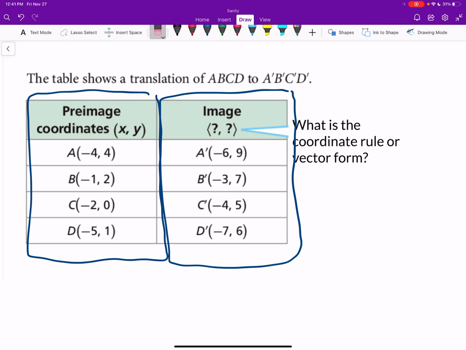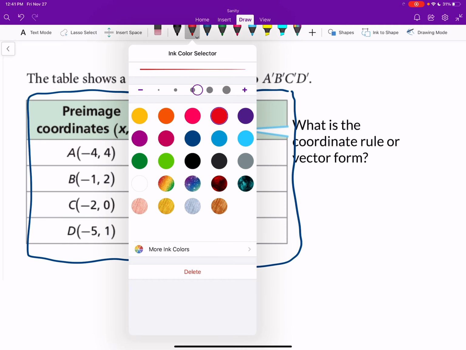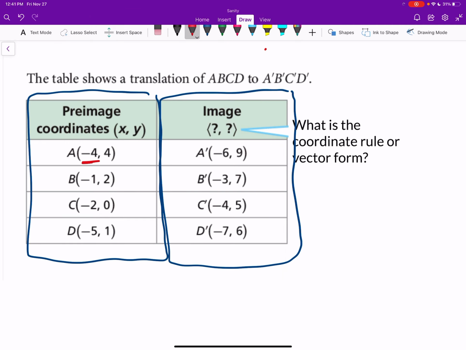So how am I going to get, for example, from point A to A prime? Let's look at what's happening to our x and our y values. So I'm going to make this a little smaller again. To get from -4 to -6, what's happening? You're just minusing 2. So I'm going to write this as a vector form first, and then we'll translate it into a coordinate rule.